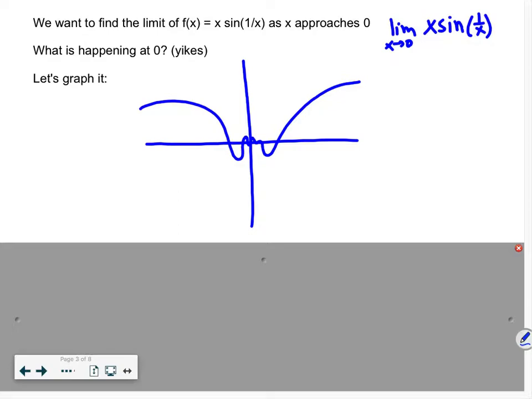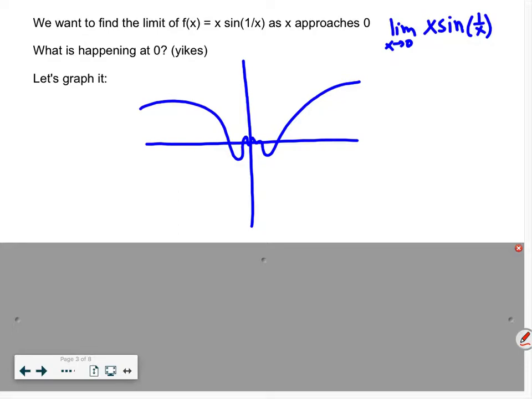So we need to squeeze this in between two functions. This is what we can do. I know that the sine of 1 over x, its range is always going to be negative 1 to 1, right? The output of a sine function is going to be from negative 1 to 1. Do you agree?